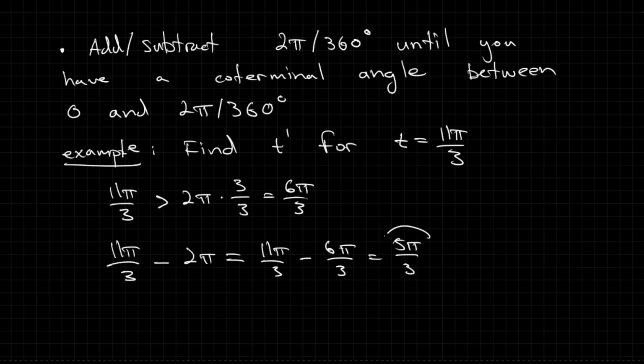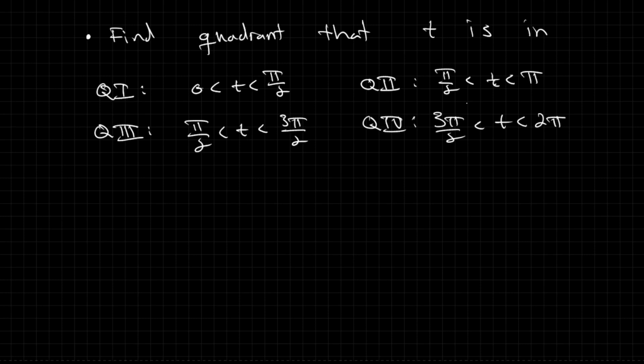So we ask ourselves, which one of these quadrants do we lie in? Well, we're asking for 5 pi over 3. 5 pi over 3 is clearly larger than pi because 5 is larger than 3, and if you multiply the numerator and denominator of pi by 3, you get 3 pi over 3. So it's not going to be in quadrant 1, and it's not going to be in quadrant 2.